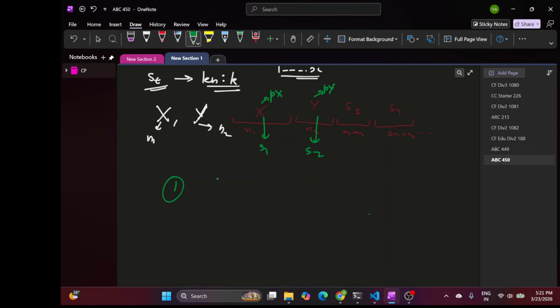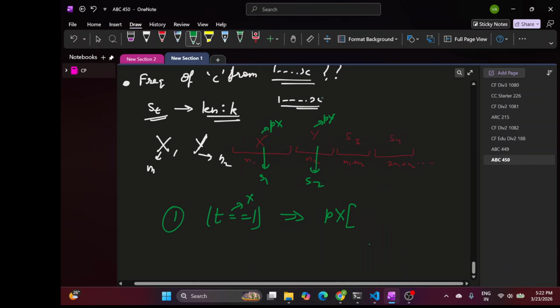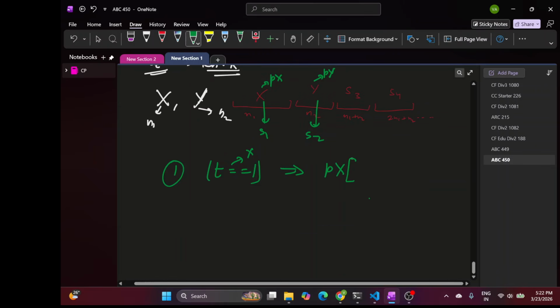our t is basically, if our t is 1, so this is basically our x, right? So in this case, our string must be what? The first string, so it will be the prefix count up to the index, which is again x, for the character c.